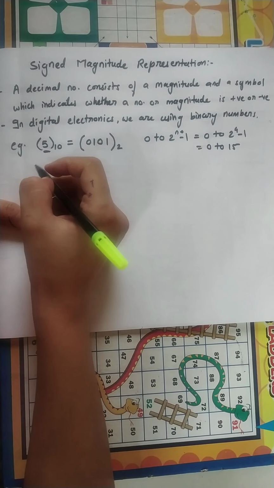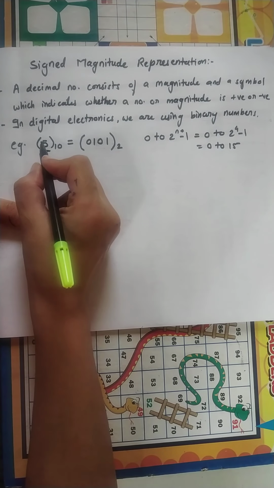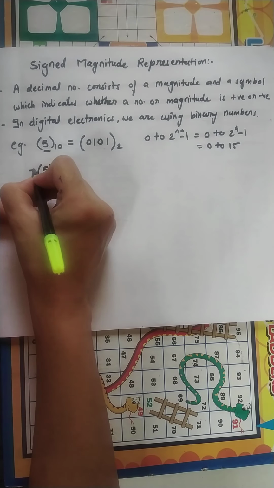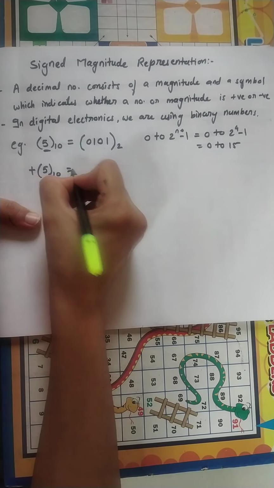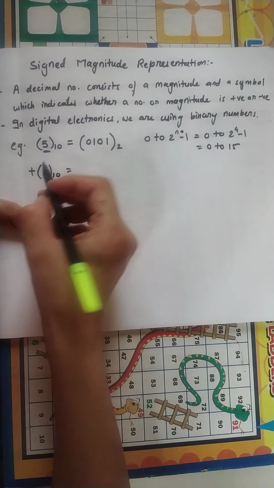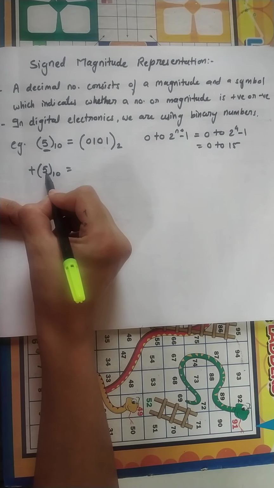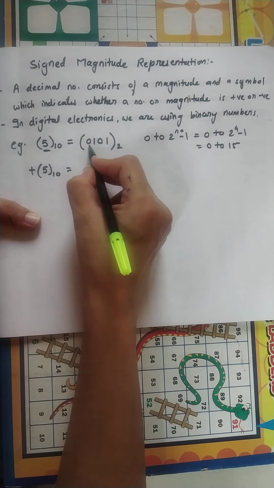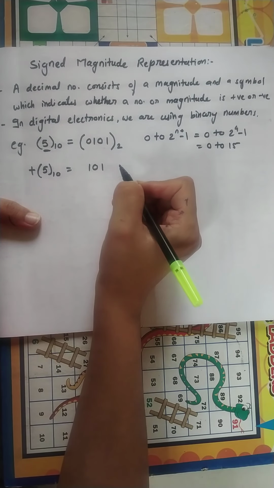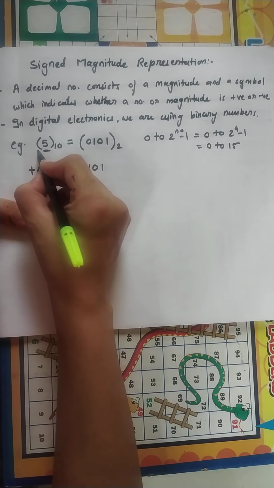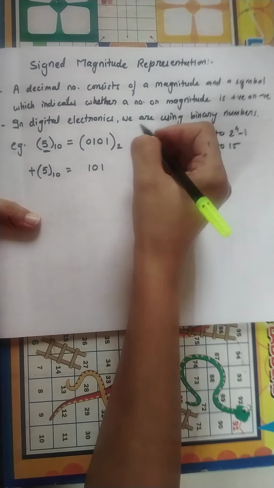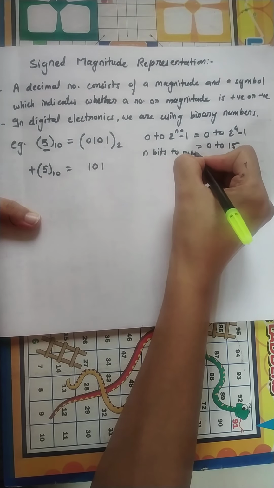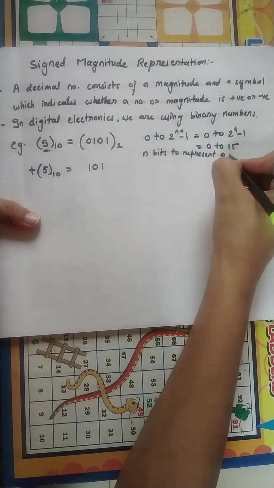Now if I want to write a signed magnitude number, I'll write the number 5 with a sign. This is your signed magnitude number, since here we have a symbol and a decimal number. Out of these 4 bits, I'll use only 3 bits. In an unsigned number, we use n bits to represent a number.